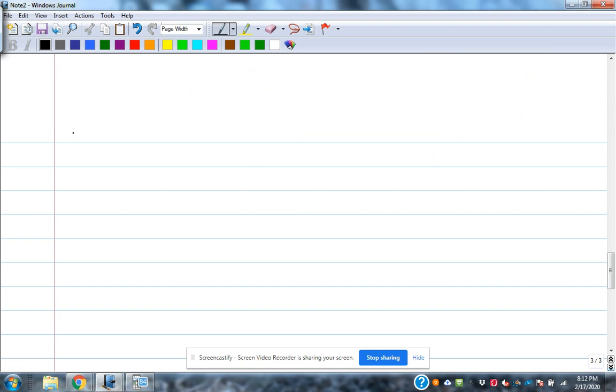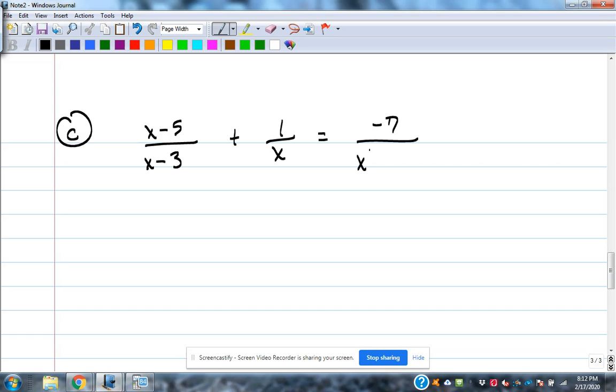Alright, let's look at another one. Let's do x minus 5 over x minus 3 plus 1 over x equals negative 7 over x squared minus 3x.